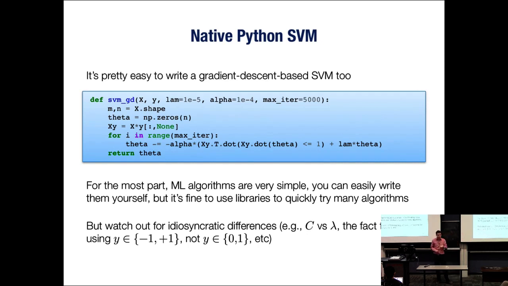Remember from our NumPy lecture that this scales the rows of X by Y. And then this form here computes, in matrix notation, the gradient that I showed on the previous slide. And then you just update the parameters by taking a small step in the gradient direction. And that's a support vector machine right there.